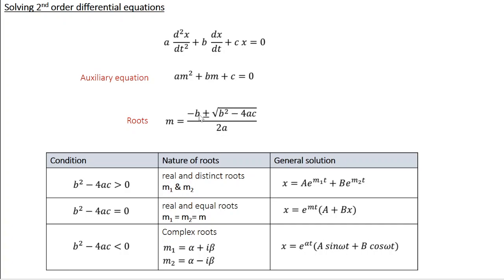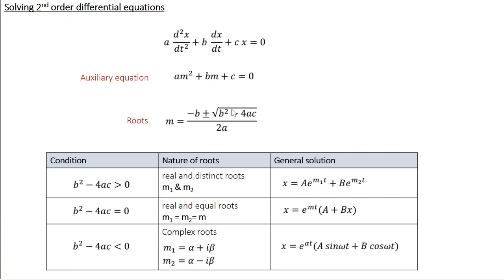The second solution, minus b minus square root of b squared minus 4ac by 2a, I call it m2. So I have two real and distinct roots, m1 and m2, and the general solution is going to be x equal to a e to the power m1t plus b e to the power m2t, where a and b are constants whose value I need to find out. So as you can note, this is an exponential solution.